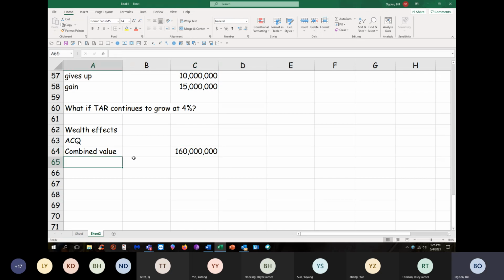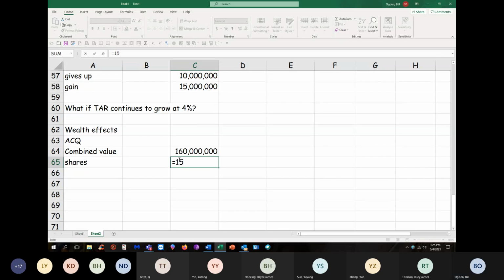And how many shares do they now have? Well, they have the 1.5 million they had before the merger, plus 250,000 more shares. Okay.